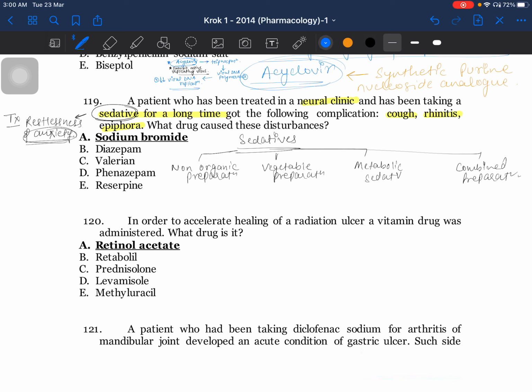In the non-organic, we have sodium bromide and also potassium bromide.